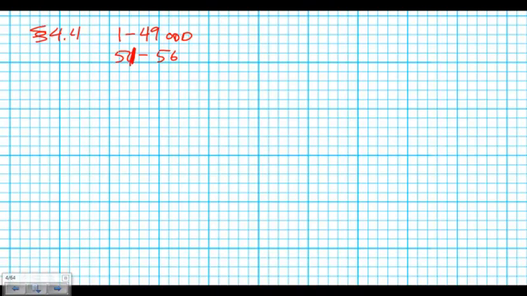Break this assignment into 2 pieces. Let's say you do 1 through 19 odd by Tuesday, and then 21 through 49 is going to be due after Thanksgiving.